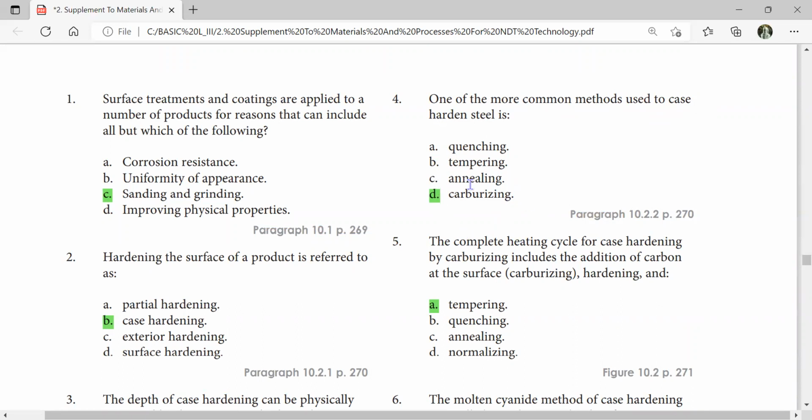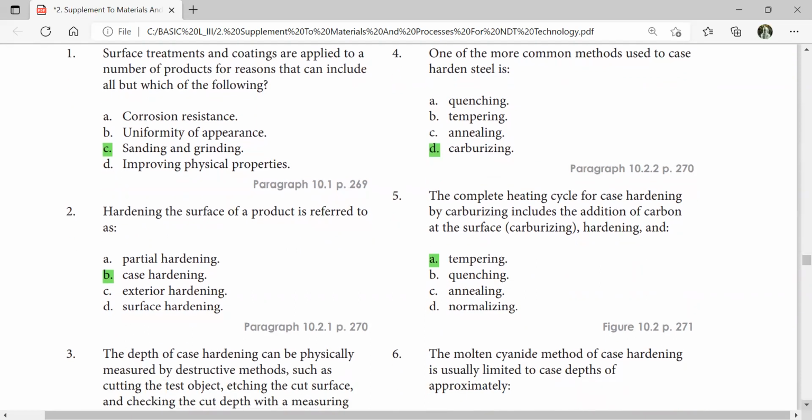Case hardened treatment: carburizing, nitriding, sulfurizing. Hardening the surface of the product is referred to as case hardening.